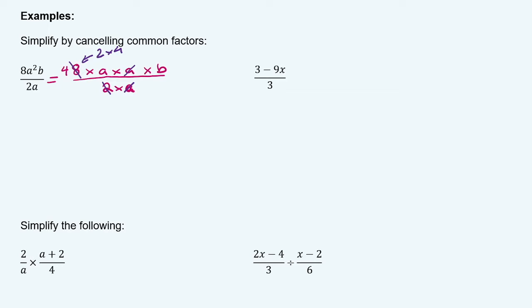So now we no longer have a denominator on this particular fraction. It now only has that 4 and the a and the b left. That's all that's left over for this fraction, and that's the simplified version. Let's have a look at the next one.